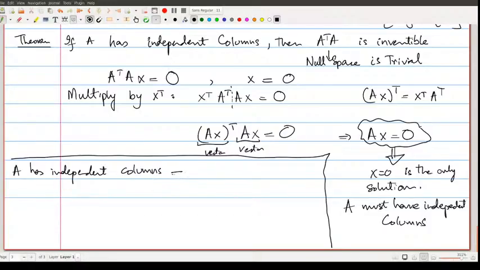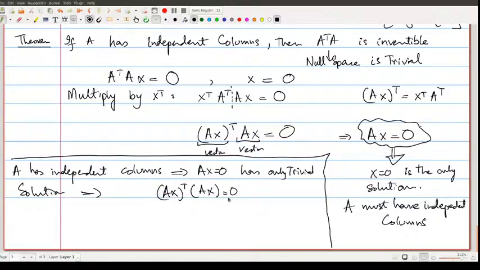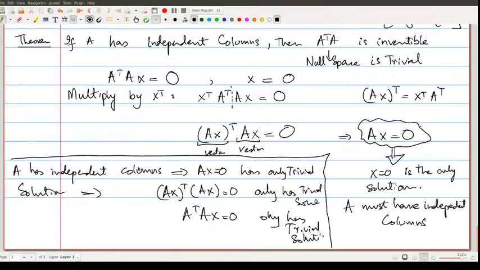So A has independent columns, which means AX equals 0 has only the trivial solution, which means (AX) transpose times AX equals 0 only has the trivial solution, which gives me that A transpose A x equals 0 only has the trivial solution, right? So I've worked backwards from the same kind of reasoning.